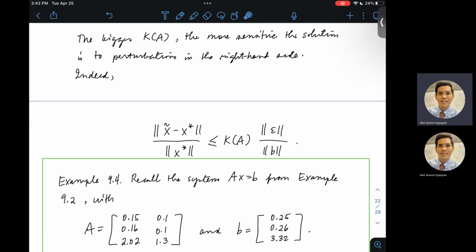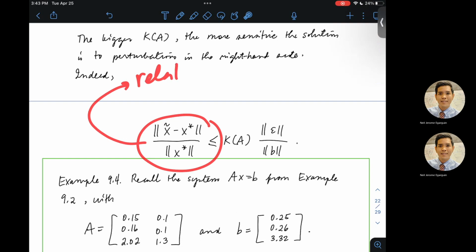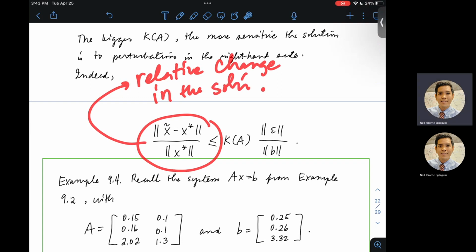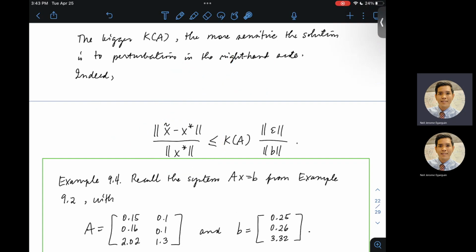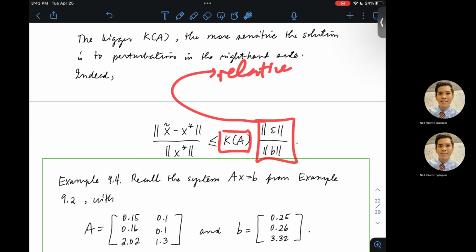In particular, this is the relative change in the solution. You can think of it as the relative difference, the percent difference, between the solution from the perfect system and the solution from the noisy system, right? That relative difference is bounded above by the condition number times the relative size of the noise.